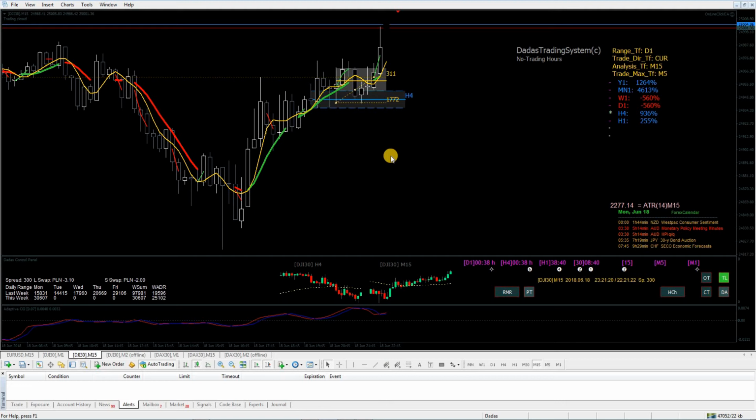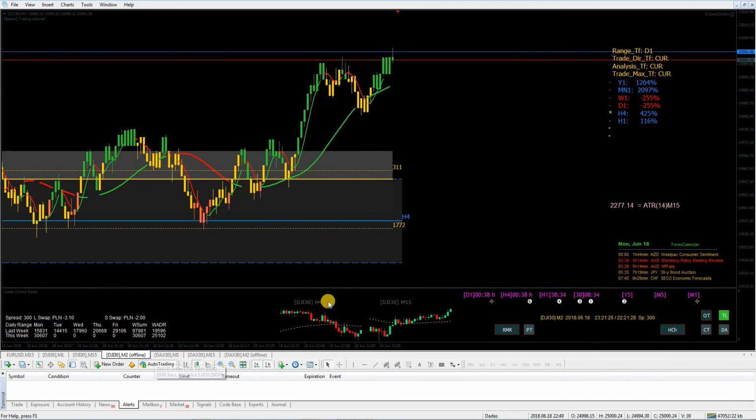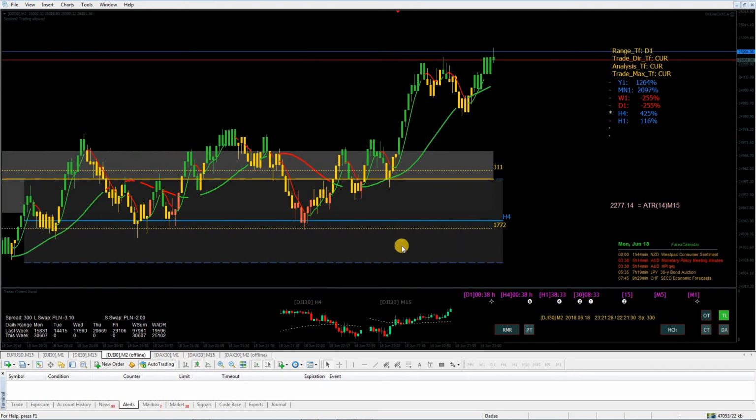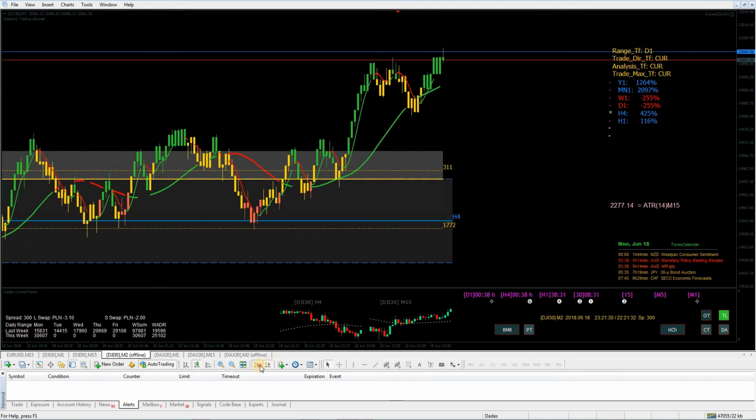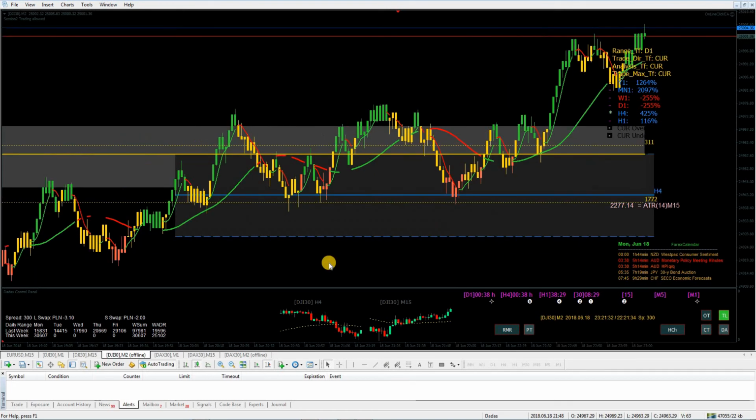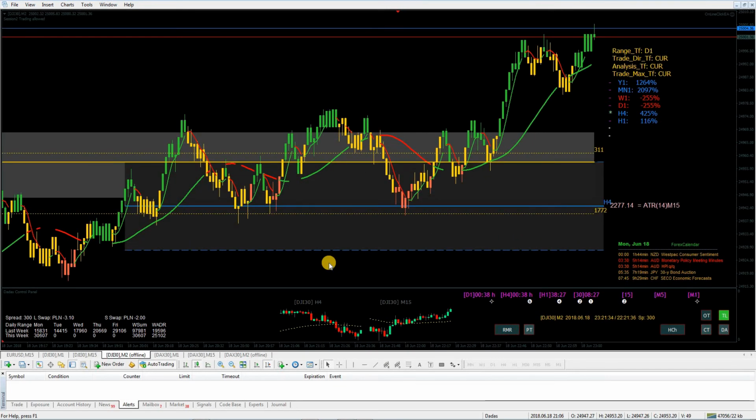However, what is the benefit of a range bar chart like we see here, right? This is a range bar chart. So a range bar chart is a chart of, let's say, bars or candles of equal height, and the trader defines the height that he wants to have.